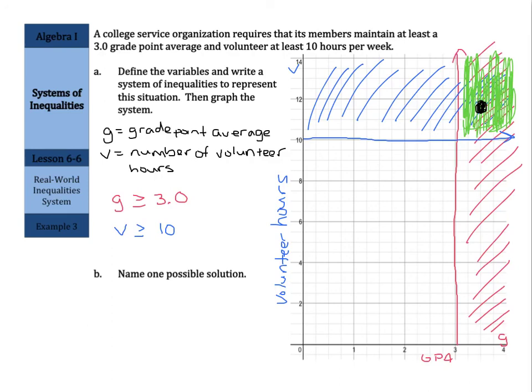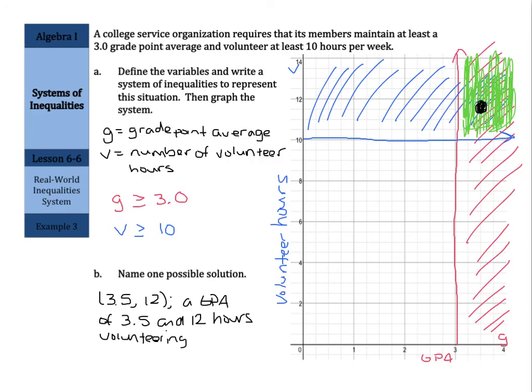So we could say 3.5, comma 12 as an ordered pair, which means a GPA, grade point average, of 3.5 and 12 hours volunteering. So as long as you're in the green area, you can be in this college service organization.